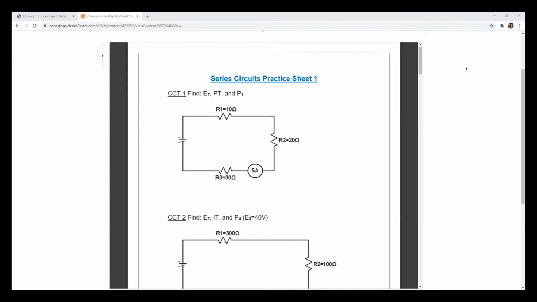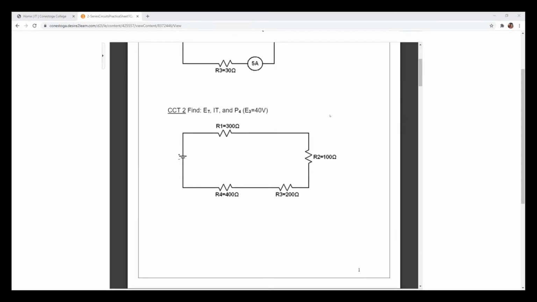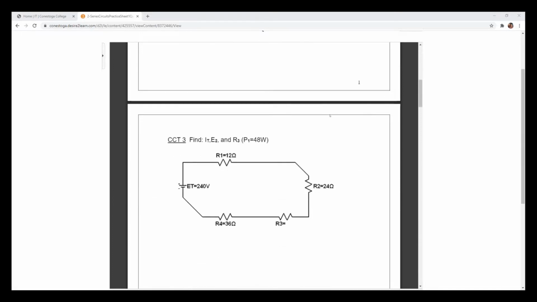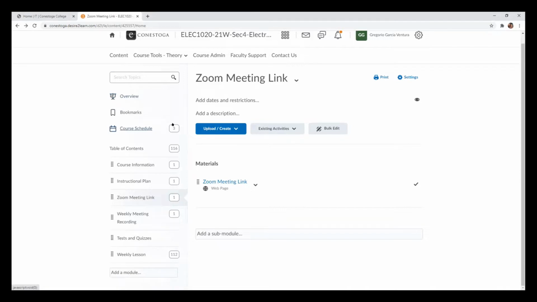Are you done so far with this first one, or are you still working through it? Done. I'm done. Okay, at any given point in time, if you want to verify if the answers are right, all you have to do is go to the answer key.